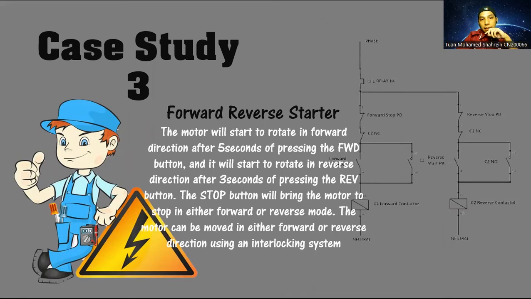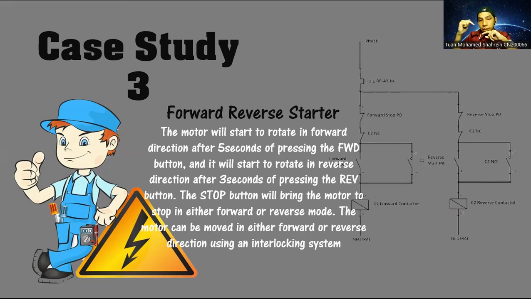The last case study is the forward reverse starter using a timer. The motor will start to rotate in the forward direction 5 seconds after pressing the forward button, and will rotate in the reverse direction 3 seconds after pressing the reverse button.